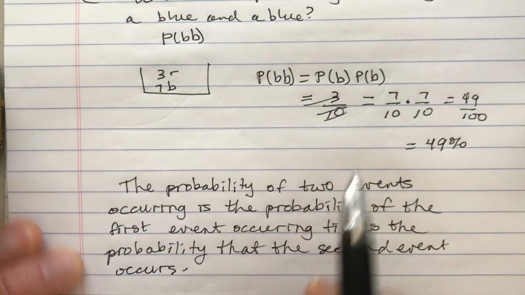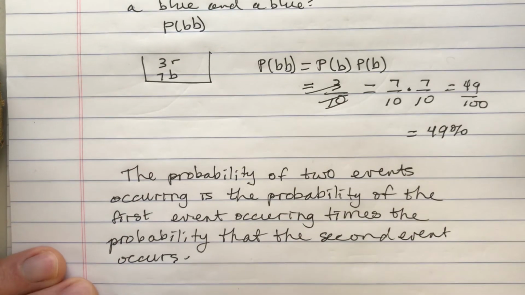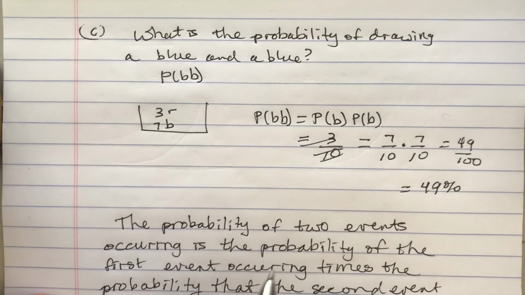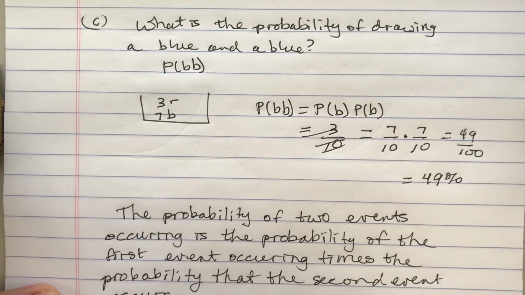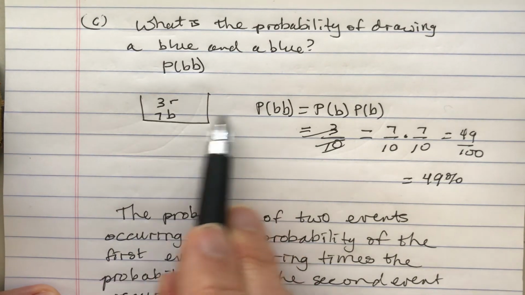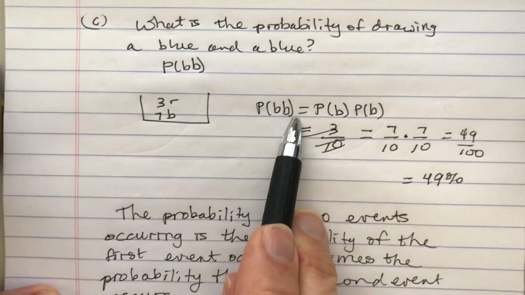So that's why we multiply them together. So this is multiplication when you have probabilities. Multiplication is when you have 2 events and you think of one happening first and then you have another one following.